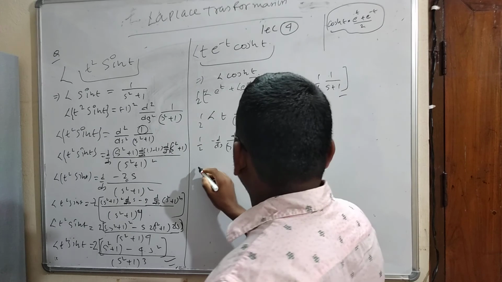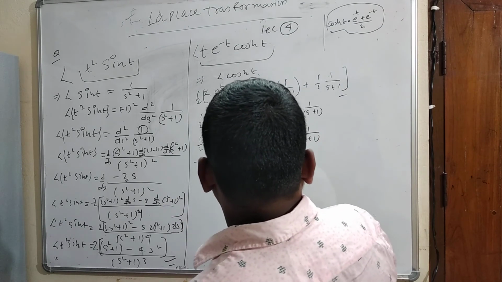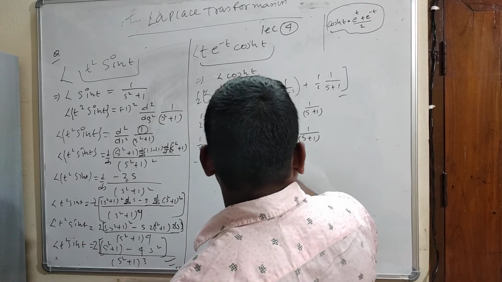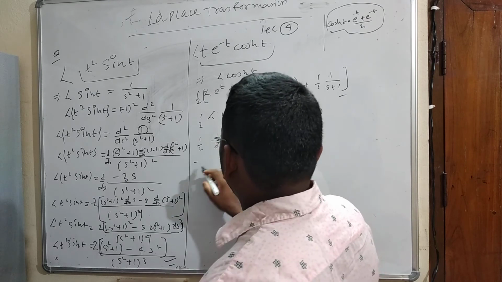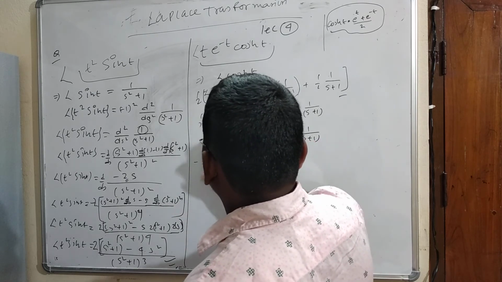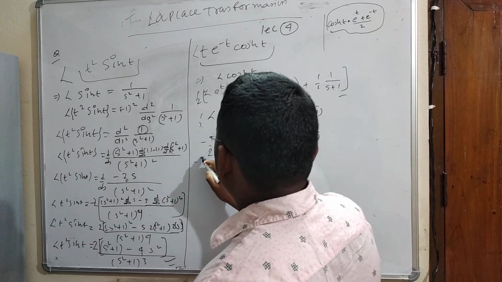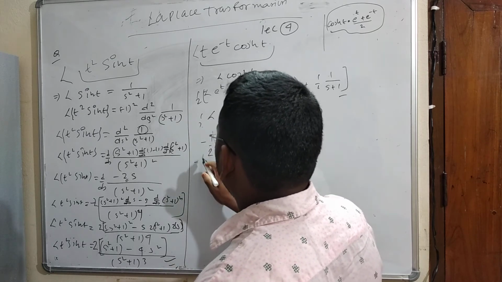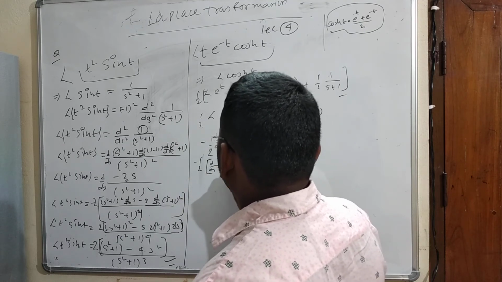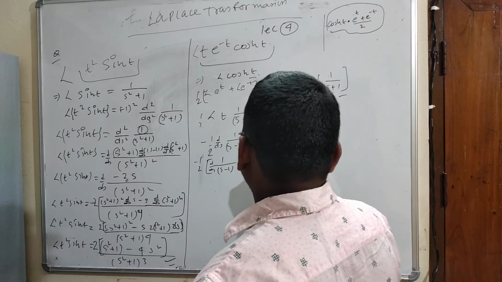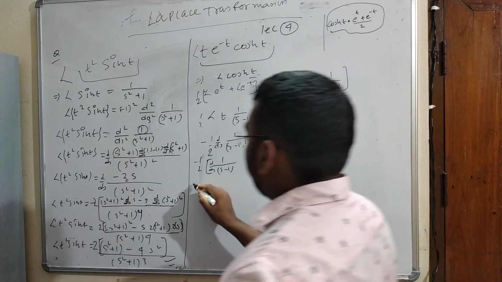So see here, we take minus half common from here: minus half times d ds of 1 upon s minus 1 plus d ds of 1 upon s plus 1.